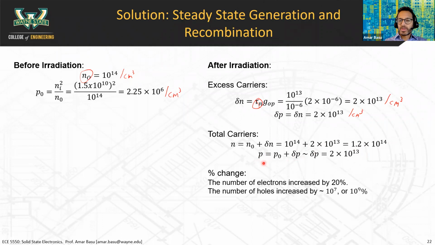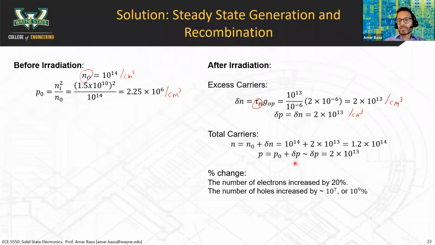And then doing the same formula for the holes, there's one thing that we notice here. Same formula: p is equal to P0 plus delta p. P0 is 2.25 times 10 to the 6th before irradiation, and delta p is 2 times 10 to the 13th, the excess carrier concentration after irradiation.